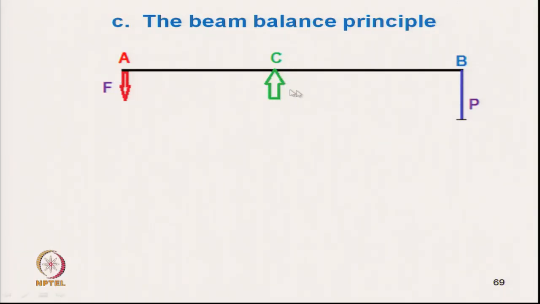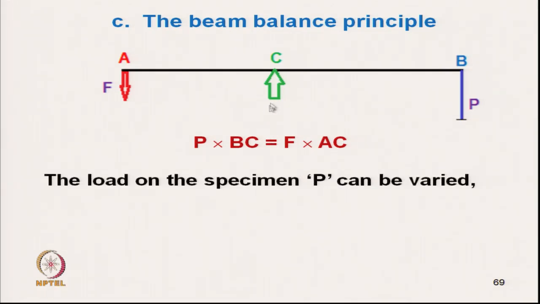This is the basic principle. Here it is a beam AB, which is pivoted at point C. Now, if we want to know the load on the specimen P, we can calculate it by knowing the downward force F applied at point A, and the distances.